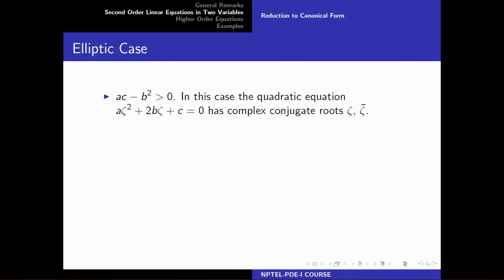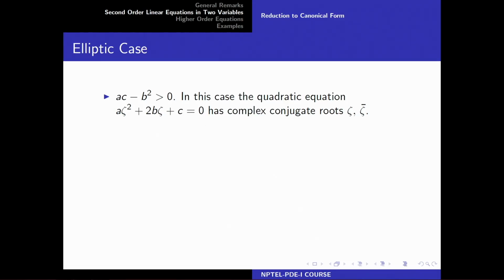This is somewhat a tricky case, as this quadratic equation now has no real roots. It has only complex roots and they come in a pair zeta and zeta bar.